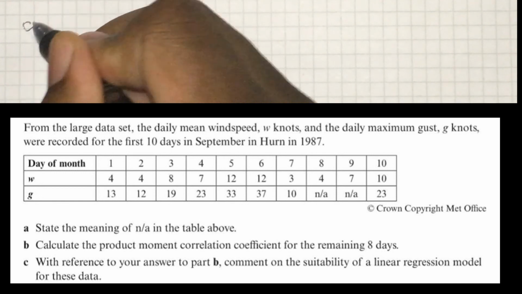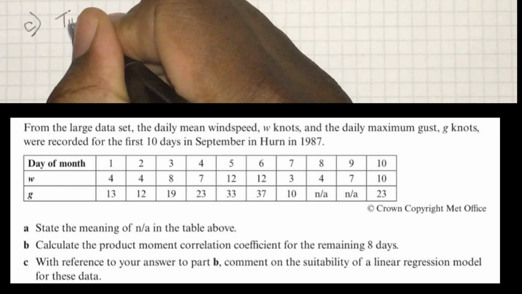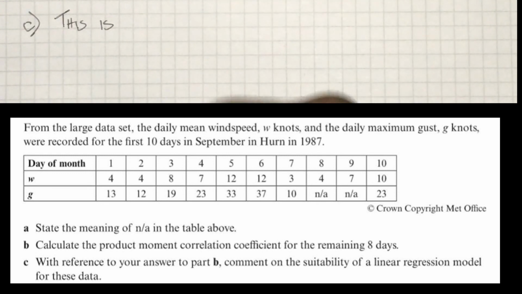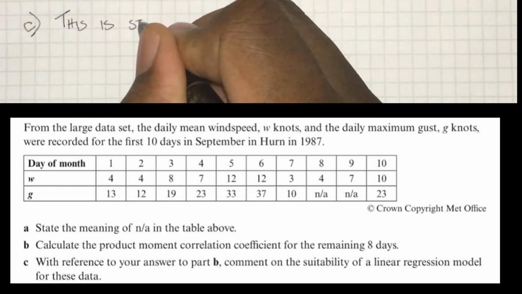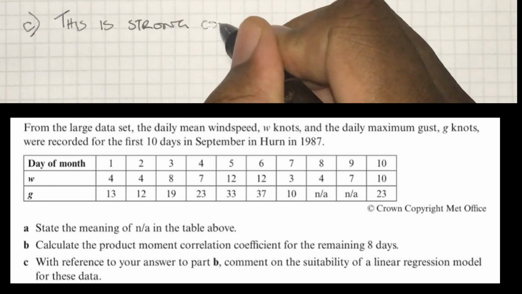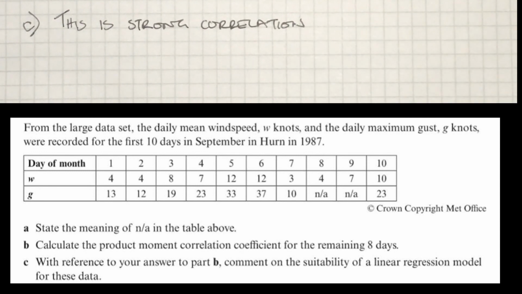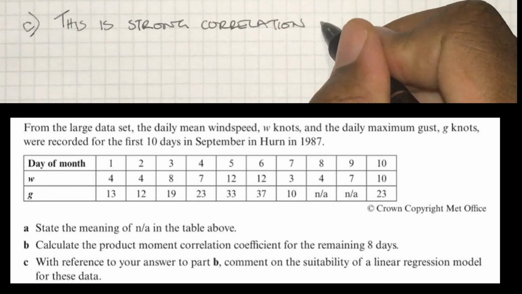Okay, so let's just finish off this question here. It does say, with reference to your answer in part B, comment on the suitability of a linear regression line for this data. So we've been talking about that line of best fit. We've been talking about the linear regression line. How do we know whether or not it's suitable? Linear regression is only suitable when there is strong linear correlation.